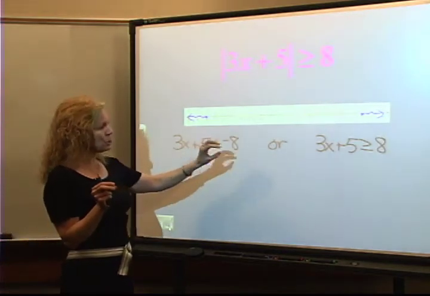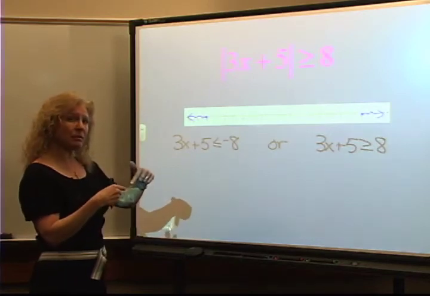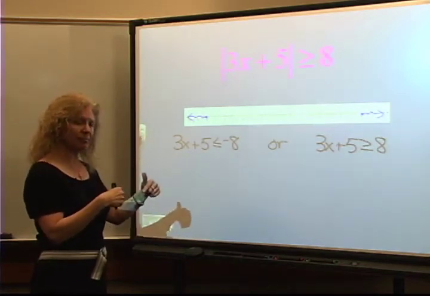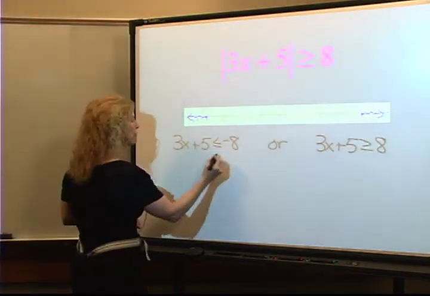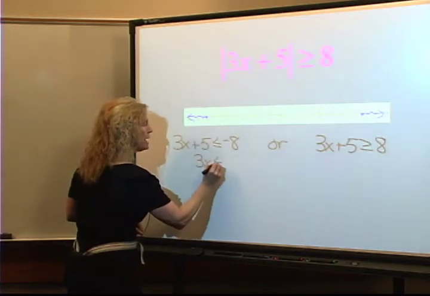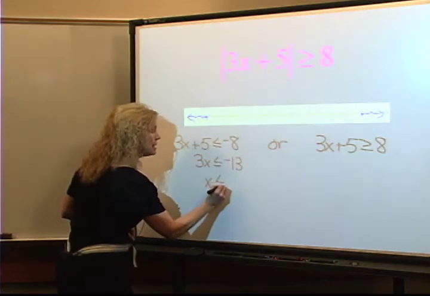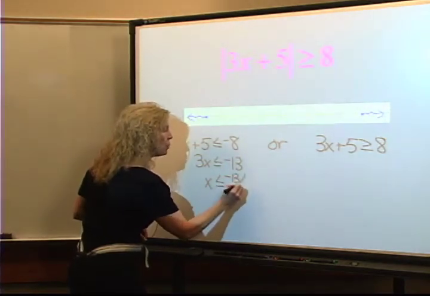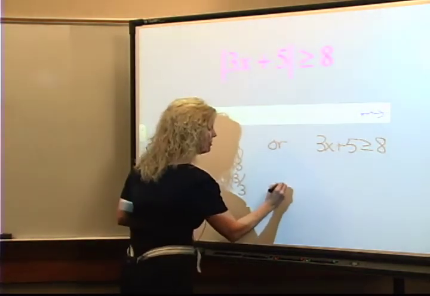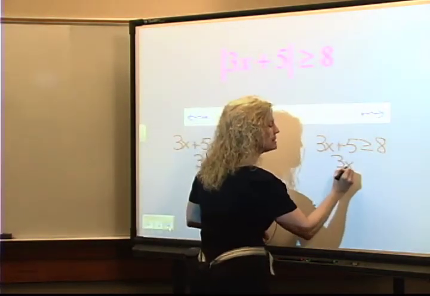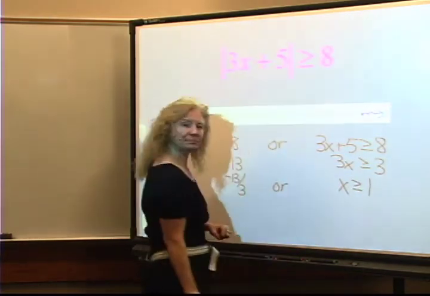The less thans and greater thans change if you multiply or divide by a negative. Otherwise, they're exactly the same as working with your equations. So, subtract my 5 off. 3x is less than or equal to -13. X is less than or equal to -13 over 3. Or, from here, 3x is greater than or equal to 3. X is greater than or equal to 1.